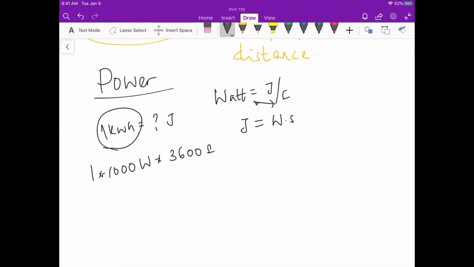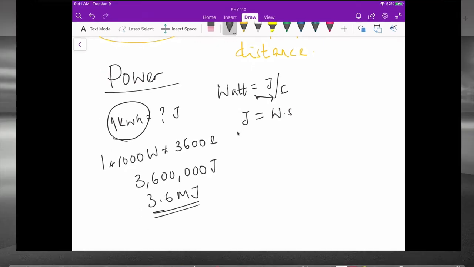You will have 3,600,000 joules. 1 kilowatt hour is 3.6 megajoule. Okay.